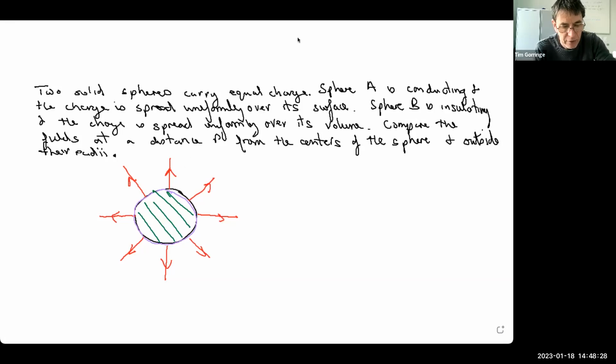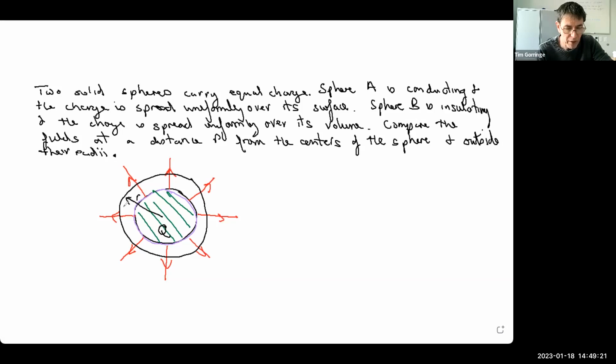So let me draw that. Here's my Gaussian surface in black. I denoted its radius r, and I've also denoted the charge owned by the conducting sphere on its surface, owned by the insulating sphere throughout its volume, as Q.